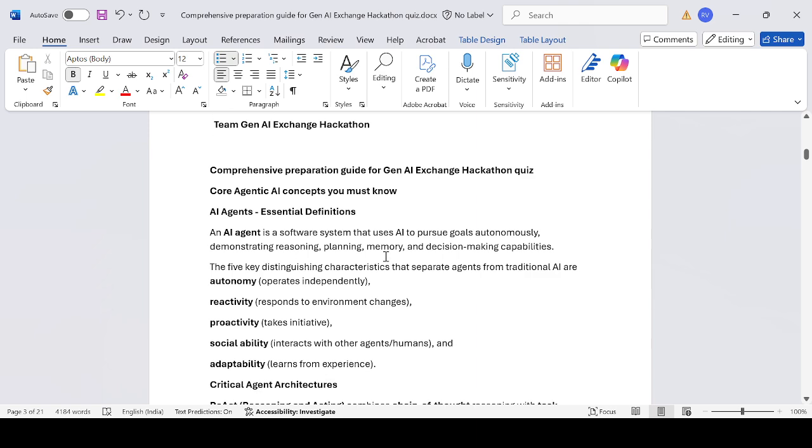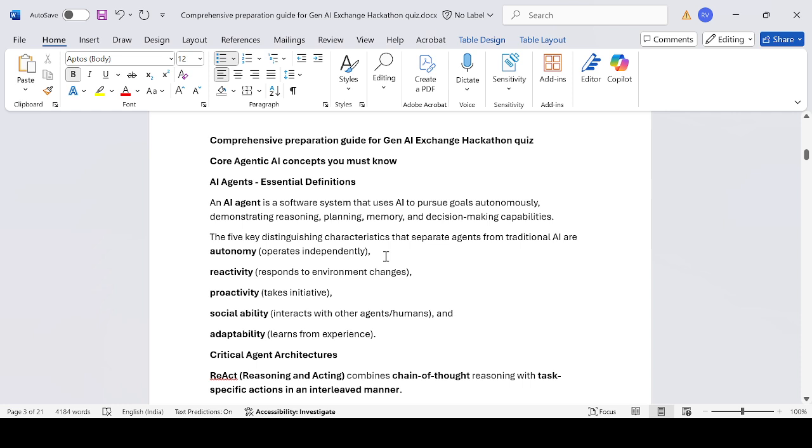So let me give a possible quiz question and answer on the concept: AI agent. What is an AI agent? An AI agent is a software system that uses AI to pursue an objective autonomously, demonstrating reasoning, planning, memory, and decision-making capabilities.